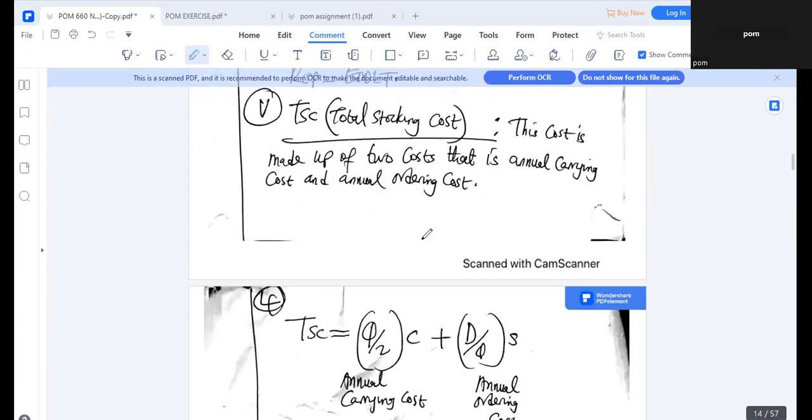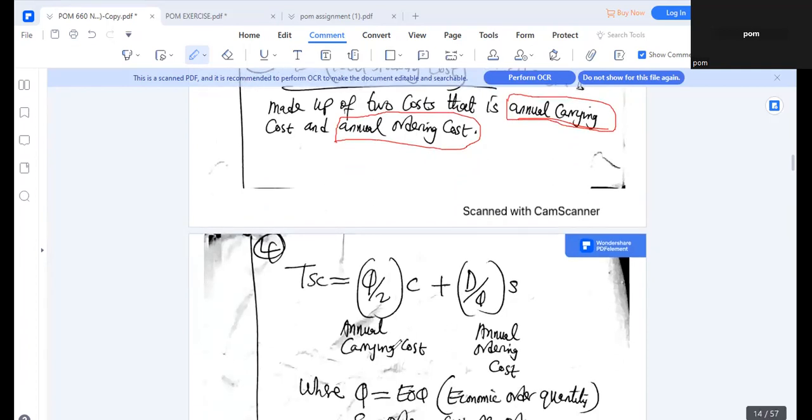Now, when you're doing the stock taking, you look at how many units you have. The total stocking cost simply means it is made up of annual carrying cost and annual ordering cost. When you're doing the stock taking, you look at how many units you have brought in from yesterday up to how much you've ordered. So this whole thing here is the annual carrying cost.